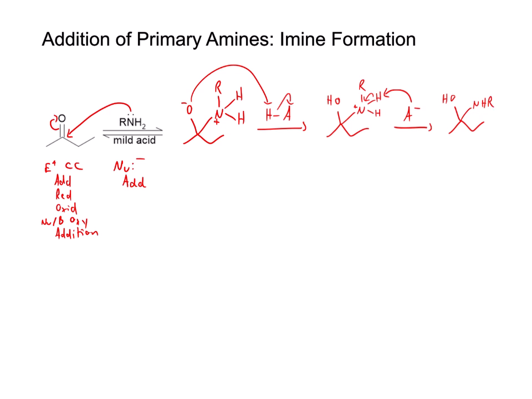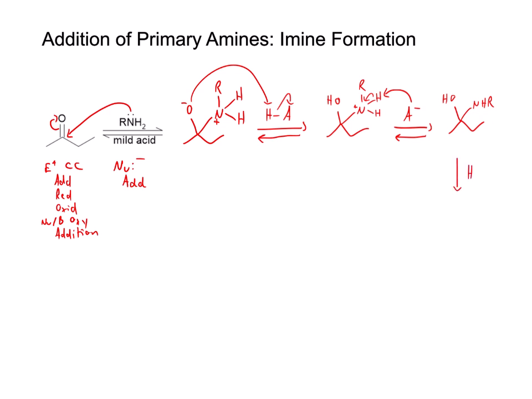The carbinolamine is very similar to the hemiacetal in that it's not very stable, and at this point, if we do not continue the reaction in the forward direction, it is simply going to reverse and take us back to the starting material, because every step here is reversible, just like every step is reversible in the formation of an acetal.